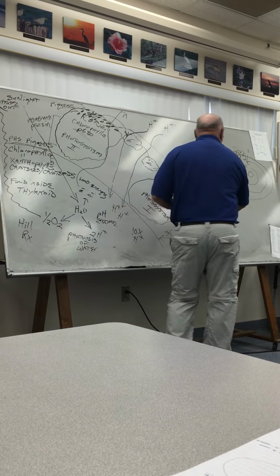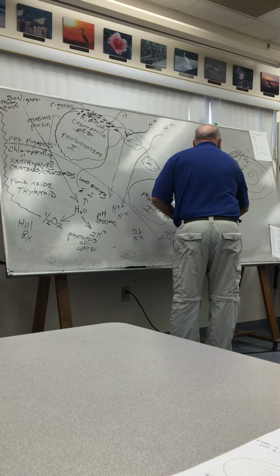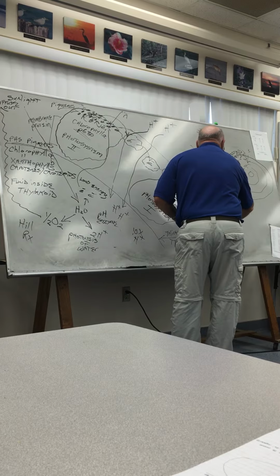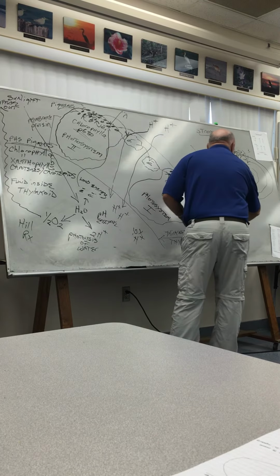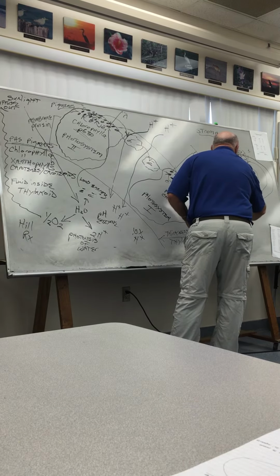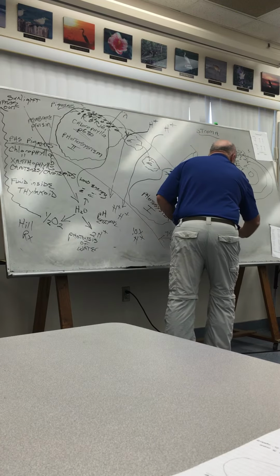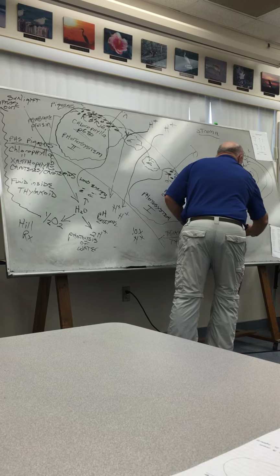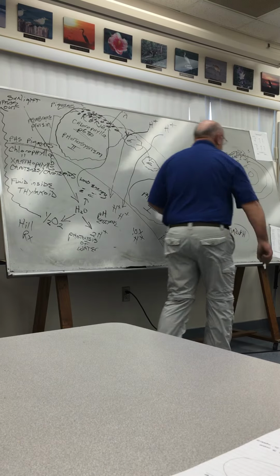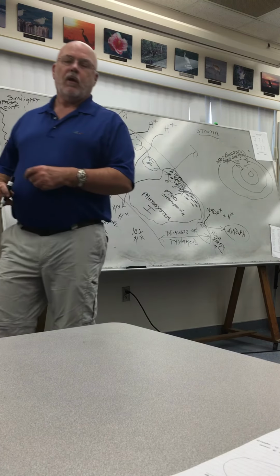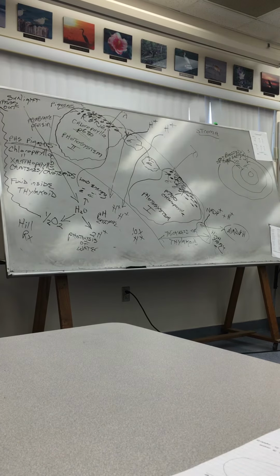And that molecule is going to be NADP plus hydrogen ions plus these high energy electrons. And that's where NADPH is going to come from. One of the two molecules we wanted to make.